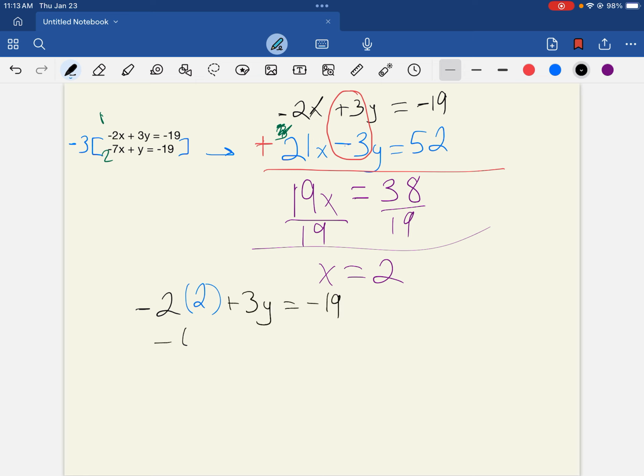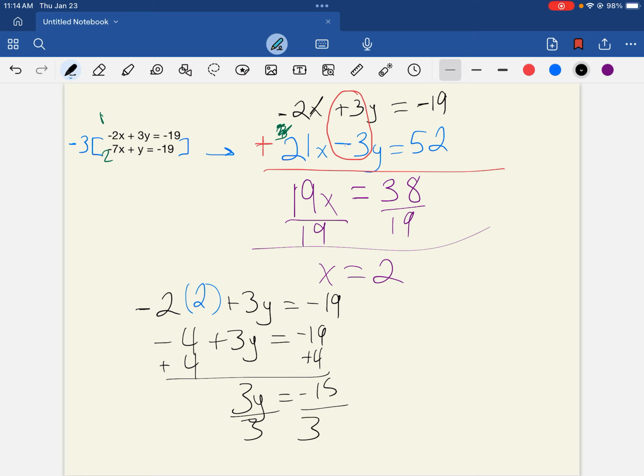And I would once again solve this equation. I multiply my -2 and 2. I am now doing my inverse operations. And I get y is equal to -5.